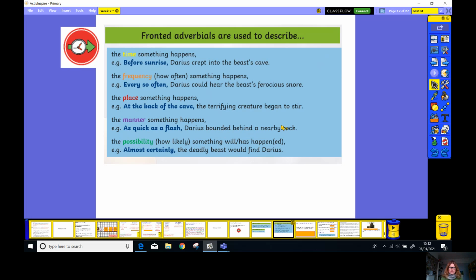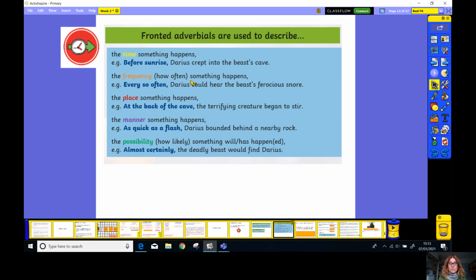Fronted adverbials are used to describe the time, the frequency of something, the place where something happens, the manner in which something happens, and the possibility. For example, the time something happens: before sunrise, Darius crept into the beast's cave.